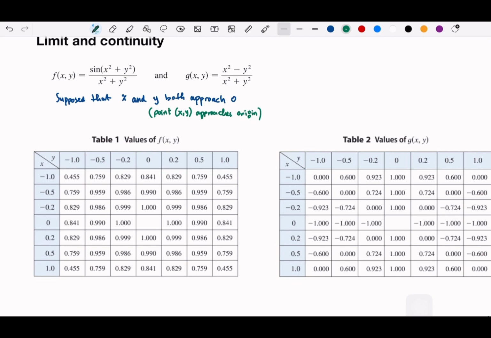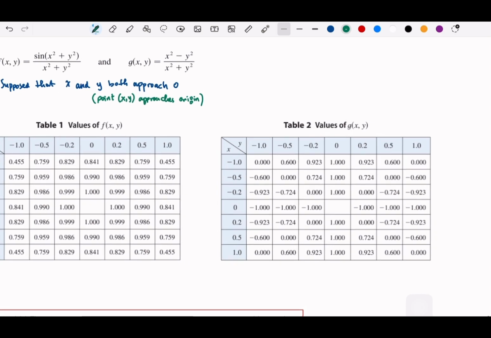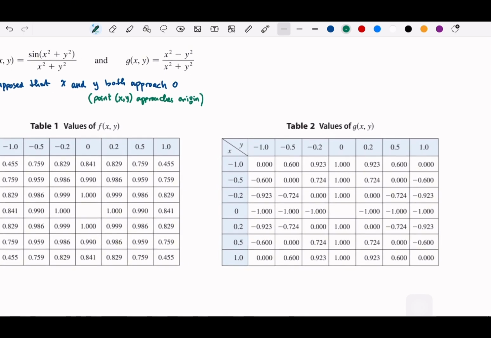With the same idea for this function g, you see that it is not as consistent as f. See that here 0, 1, 0, 1, and negative 1, negative 1, 0, 1, 0. Okay? And you see that this is negative 0.7 and then 0, negative 1. It's also not really consistent, and it's not getting anywhere. It's not closer to any number or any values. Okay?